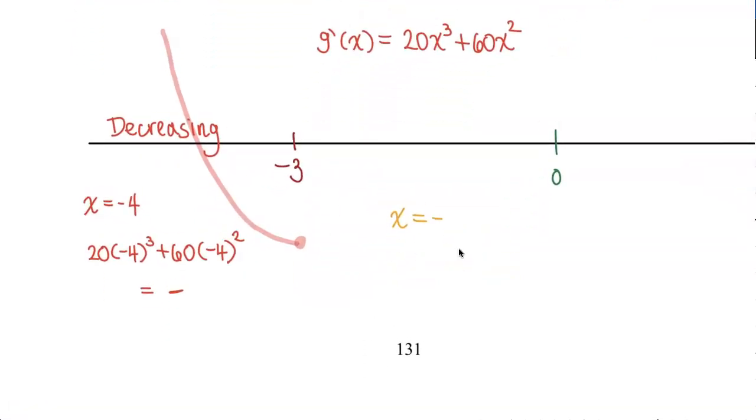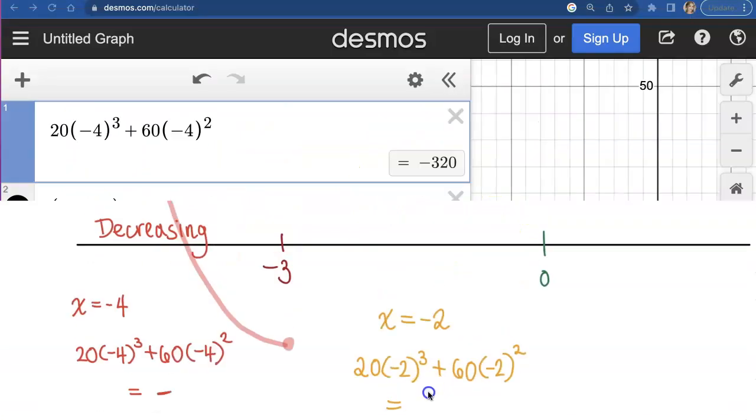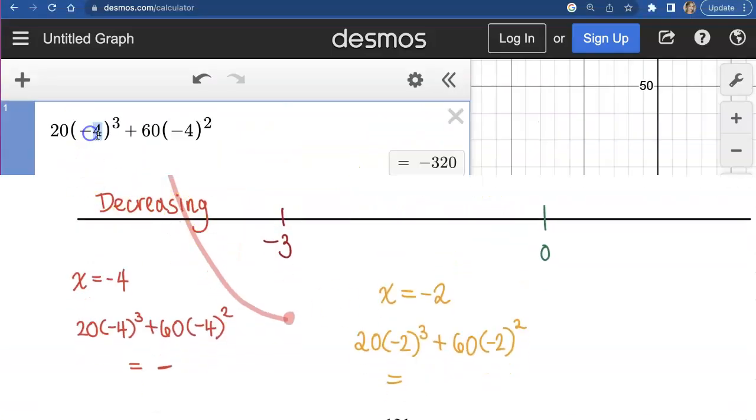I will do -2. So if I plug in -2, I'll get 20 times -2 cubed plus 60 times -2 squared. I just want the sign of this, okay? I just want the sign. So if I change this to -2, the sign is positive.